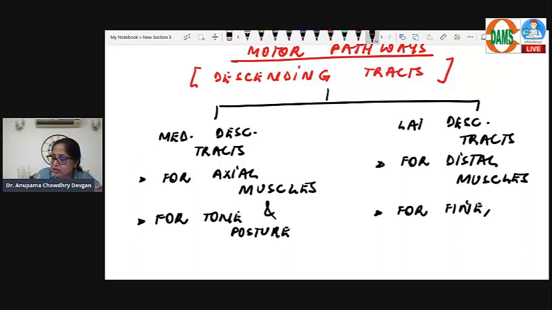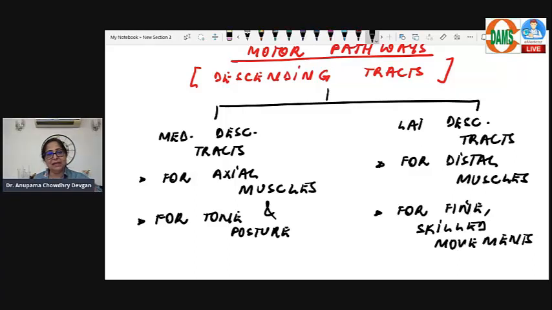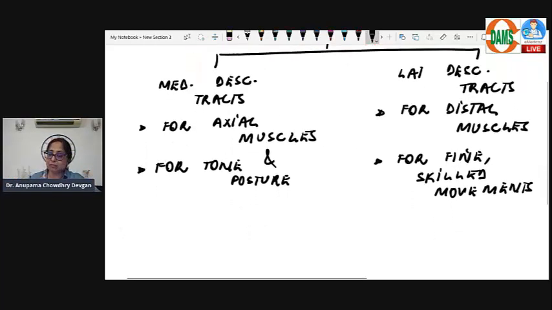So you've got the medial descending tracts for the axial muscles for tone and posture, and the lateral descending tracts for distal muscles or fine skilled movement.